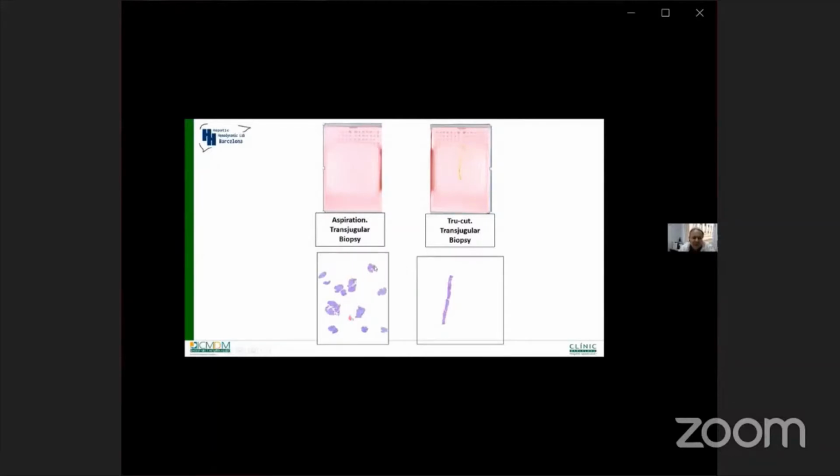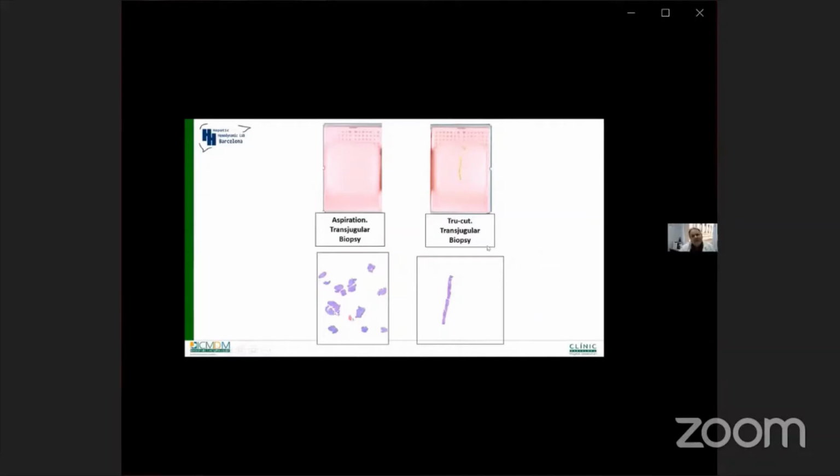It is quite difficult sometimes to get a good appreciation of the structural alteration of the liver. And look at here how much better is the sample that you usually get through a throughput transjugular liver biopsy. That is why in our center, for the last 10 years, in 100% of our procedures, we use this throughput system instead of the aspiration system.